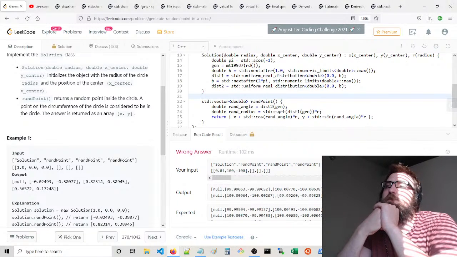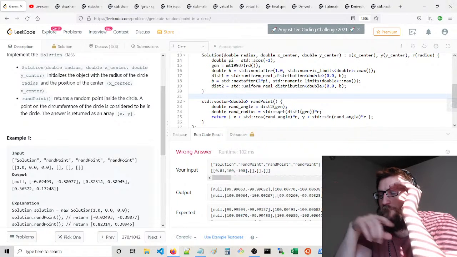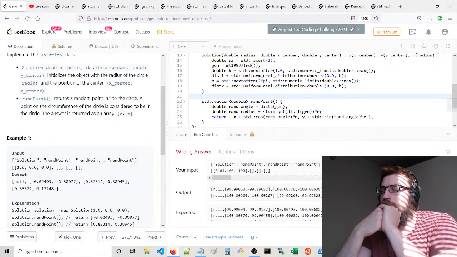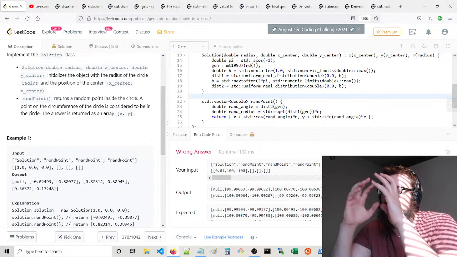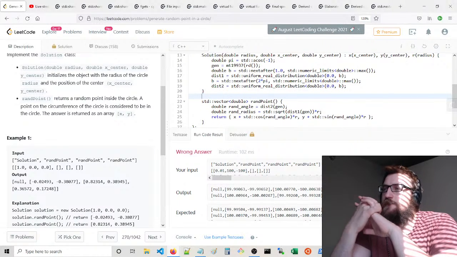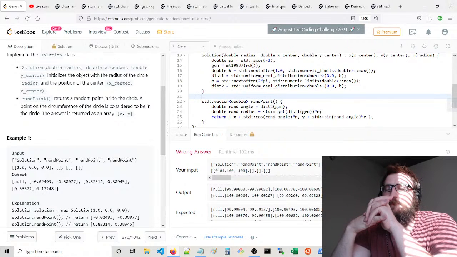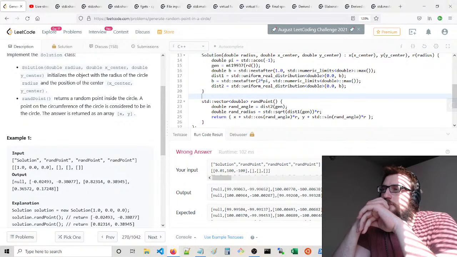Well, it's 3 times 3/4, right? But I guess that relationship of, what's the probability that a point will be in less than or equal to a particular radius, is actually the square root of the uniform distribution.